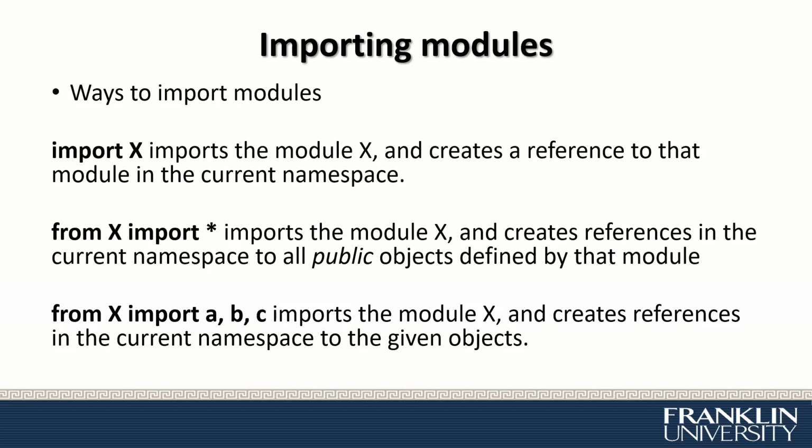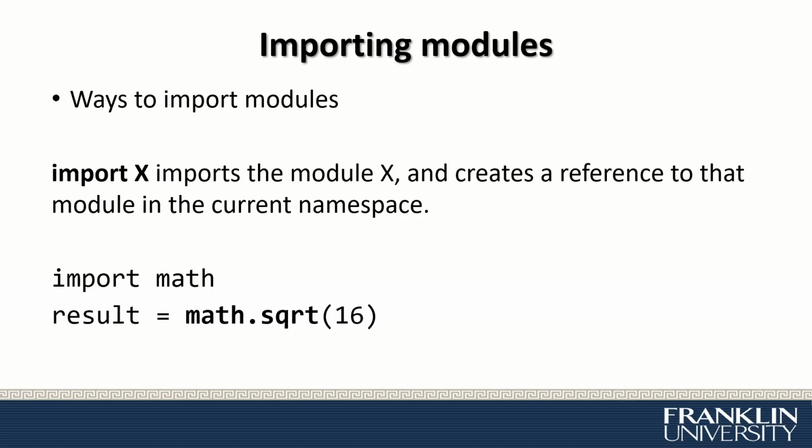We'll talk more about what that means in a second. You can also import a particular part of a module: from X import A, B, C. That means you only want these functions or these objects to be imported. Import X, like import math, and then you need to use, for example, math.sqrt to find the square root of a number. This is probably by far the most common way people do the importing. I will tell you why in a second.